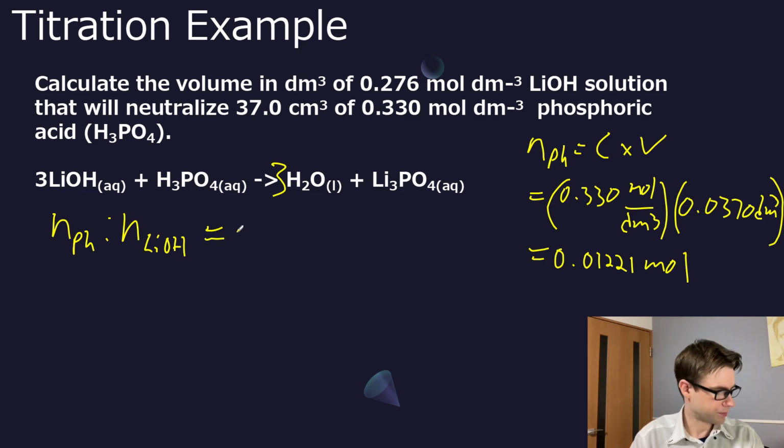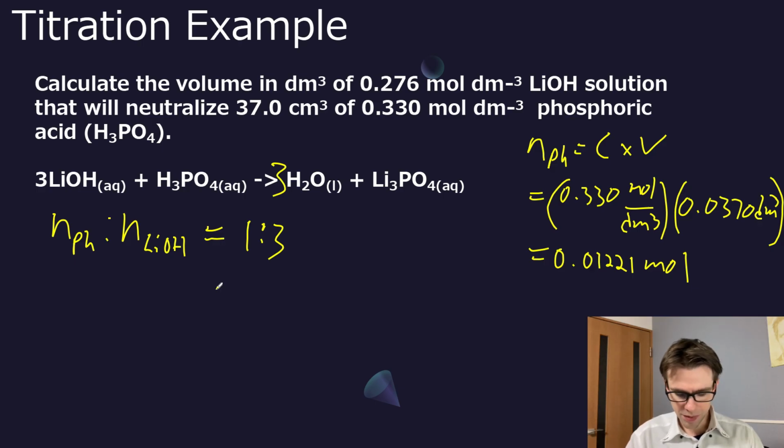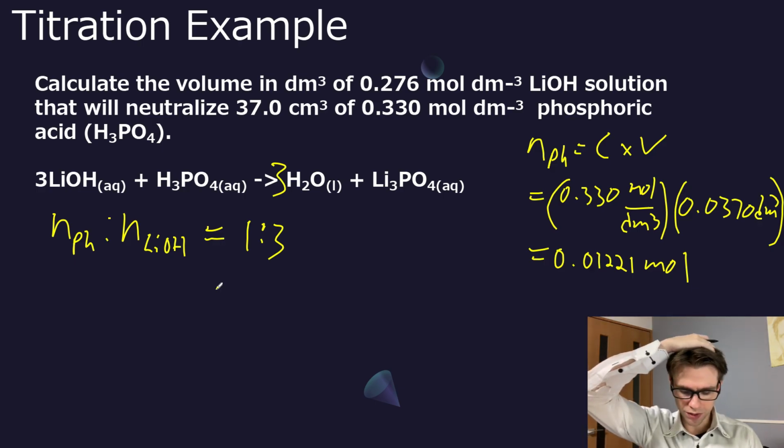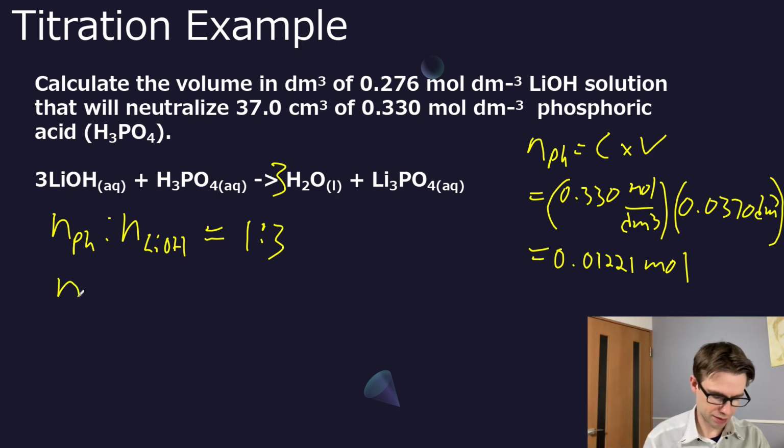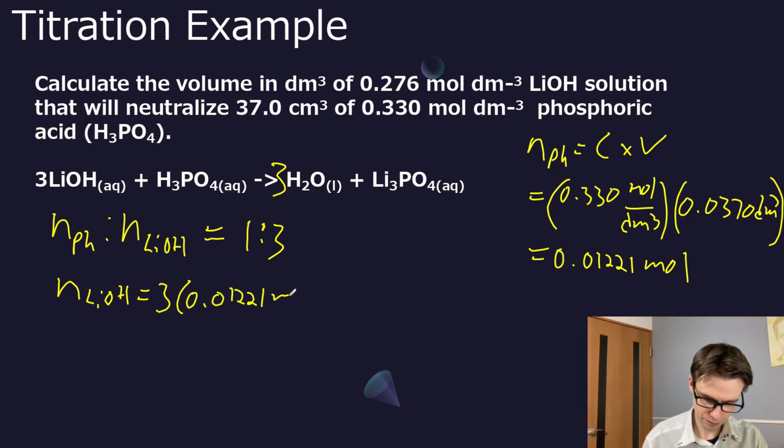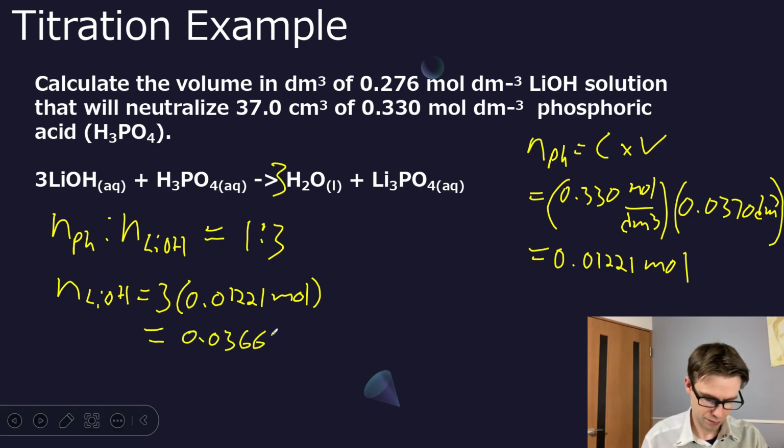So this ratio is essentially 1 to 3. So that means if we have 0.01221 moles, we're going to need triple that when it comes to LiOH. Triple the phosphoric acid moles. And so that comes out to 0.03663. That's good.